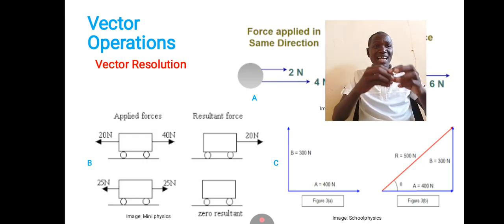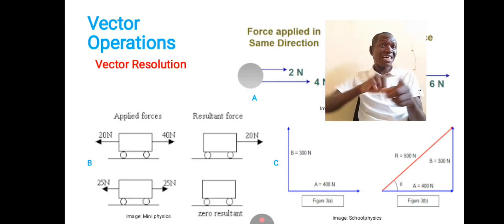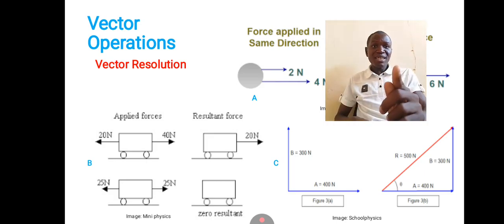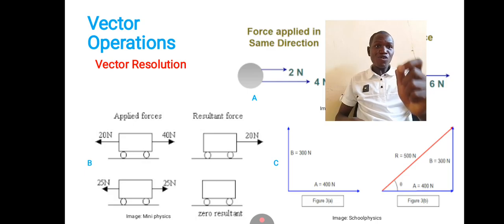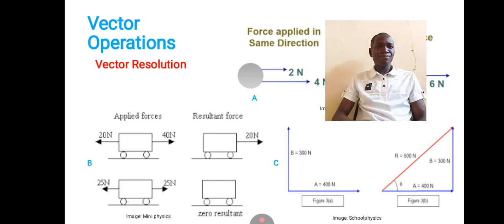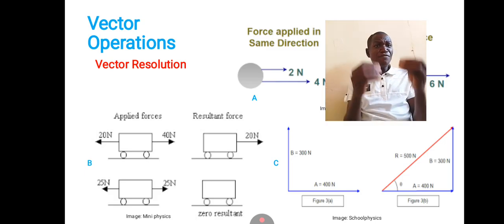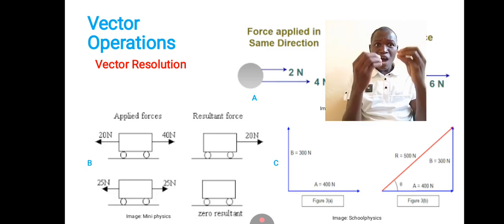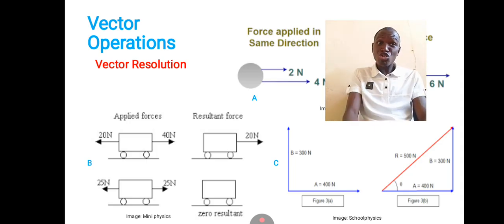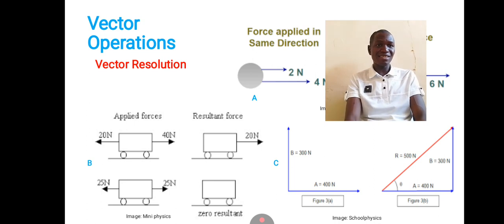It will not move at the same force if there is another opposite force. For example, you don't expect this car to move at 40 Newton when there is an opposite force dragging it in another direction. That's as simple as that. So if the two forces are acting in opposite directions, you subtract.